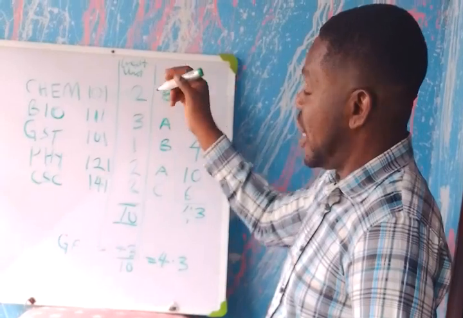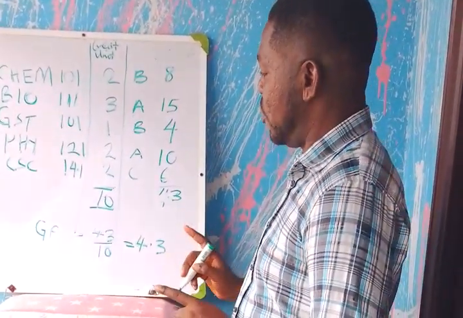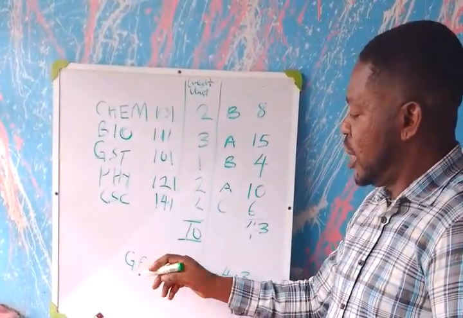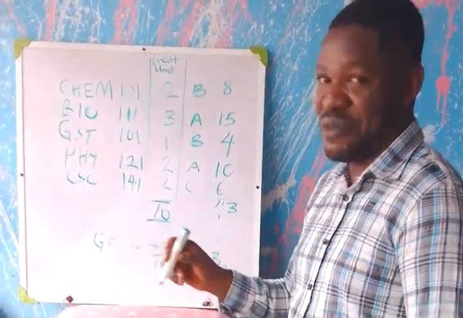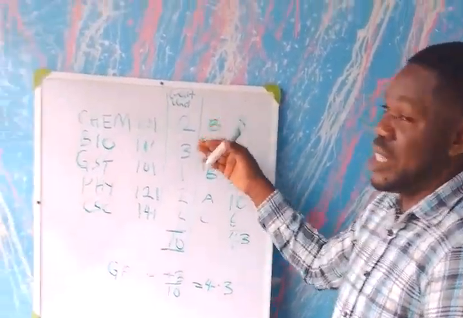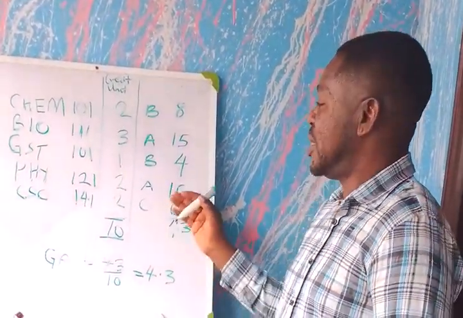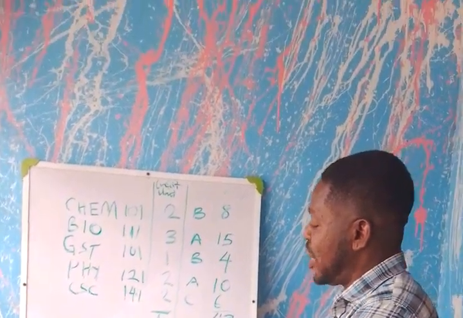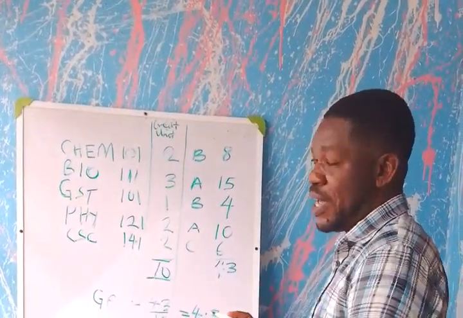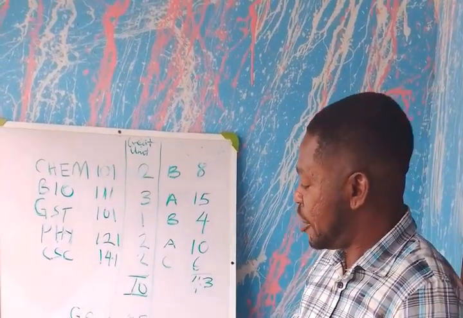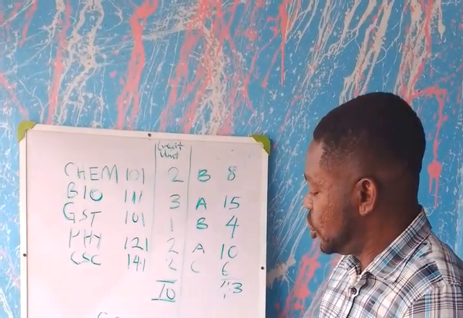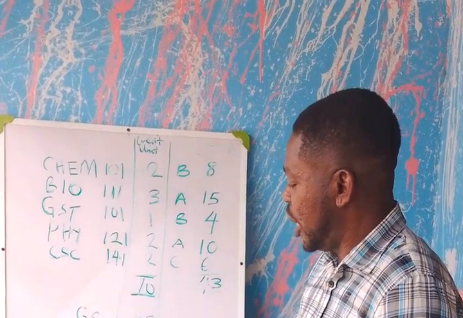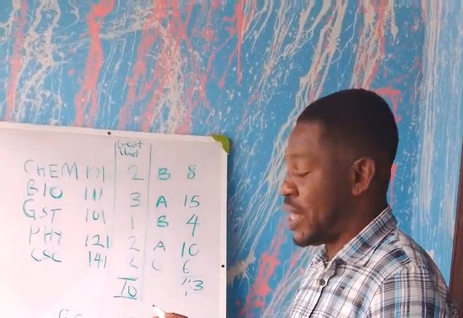Then this is just for a semester, and that's why we call it grade point. Then to get your grade point average, you also do the same thing for second semester. By the time you do the same thing for second semester, you will now add what you have and divide by 2. You have your GPA, grade point average.